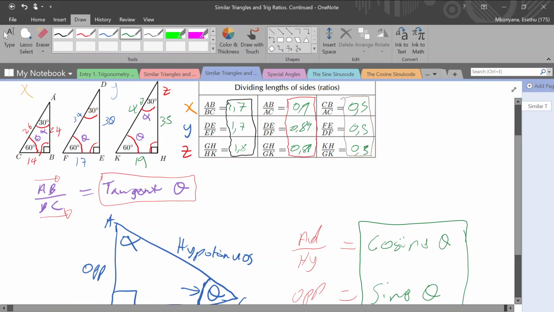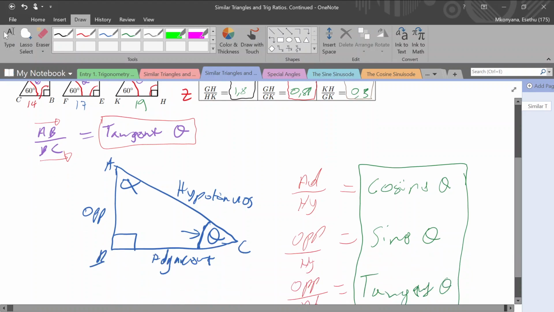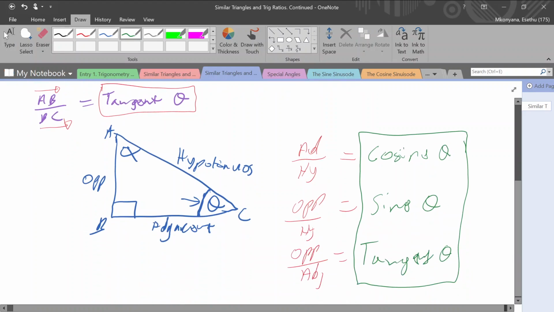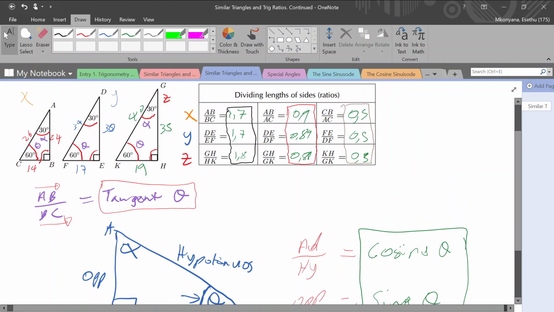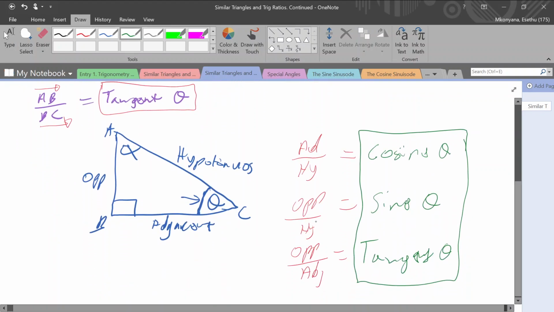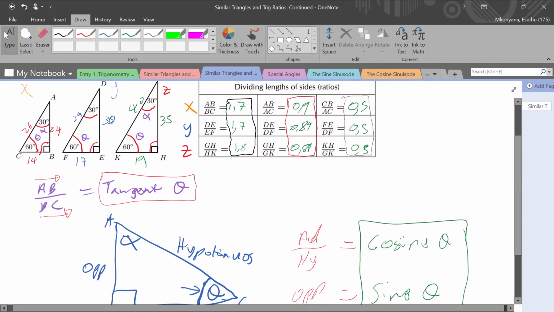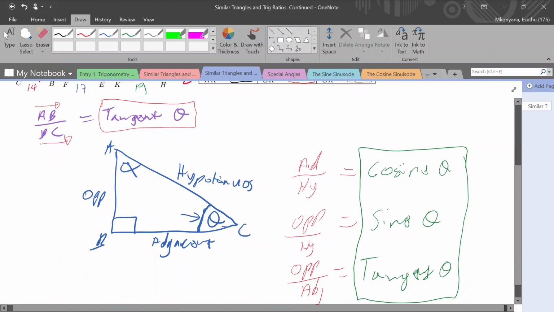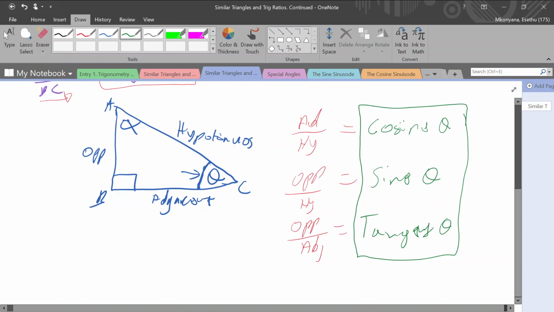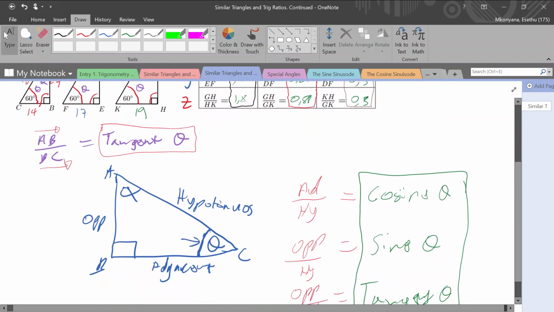We're looking at opposite over hypotenuse. That's a sine. And then the last one is CP over AC, which is your adjacent over your hypotenuse. In a sense, then that's a cosine. I hope you do get the idea. You can go and do it for all those, but this is a cosine of 60.